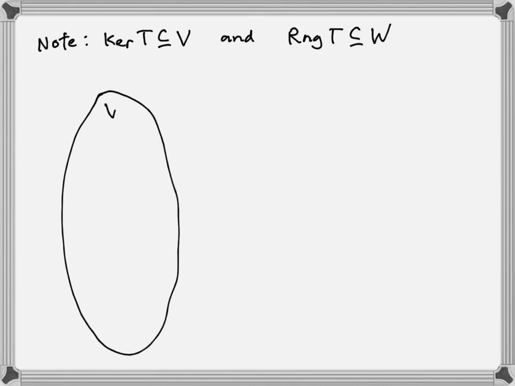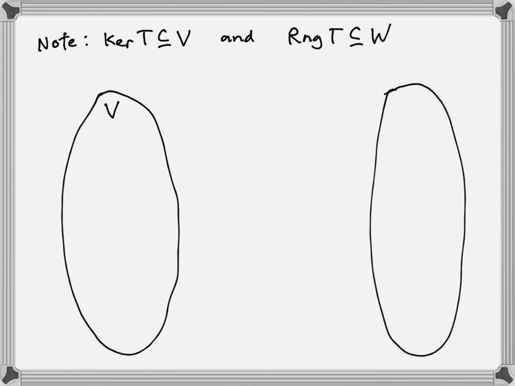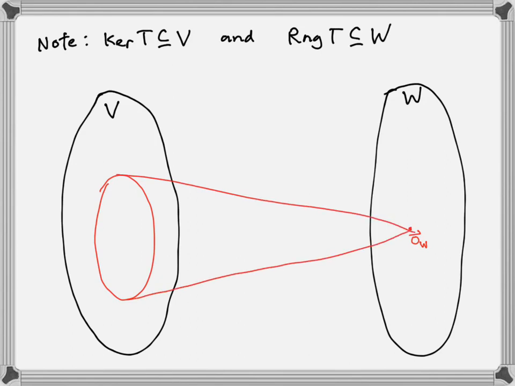Let's say that this one is V, and this one over here is W. We're going to call this the 0 vector, and this is the 0 vector in W. There are a whole bunch of vectors over here that all get mapped to that 0 vector using T. So this subset that gets created over here is the kernel of T. You can see that the kernel of T lives in V. It's a subset of V.